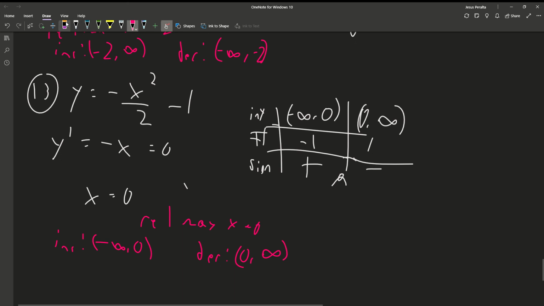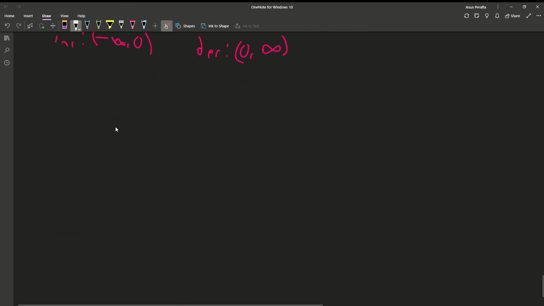We are getting even closer, second to last problem, before we do another video on finding absolute minimum and maxima given on an interval of a function.